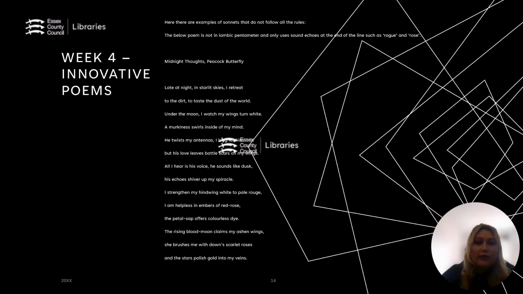Midnight Thoughts, Peacock Butterfly. Late at night, in starlit skies, I retreat to the dirt to chase the dust of the world. Under the moon, I watch my wings turn white. A murkiness swells inside of my mind. He twists my antennas, I long for him, but his love leaves battle scars on my wings. All I hear is his voice, he sounds like dust.